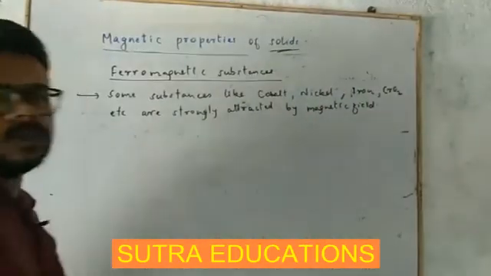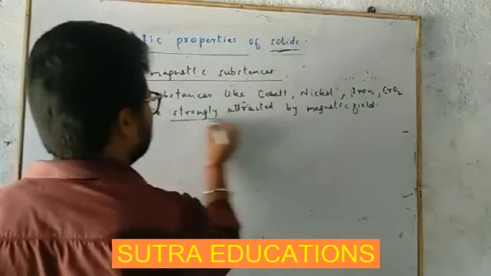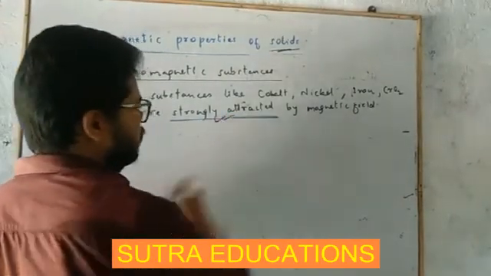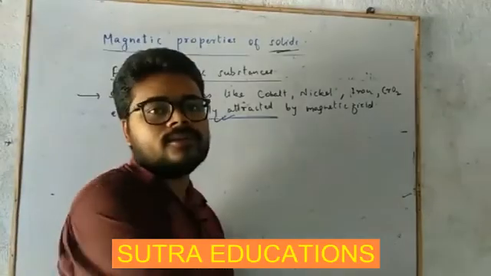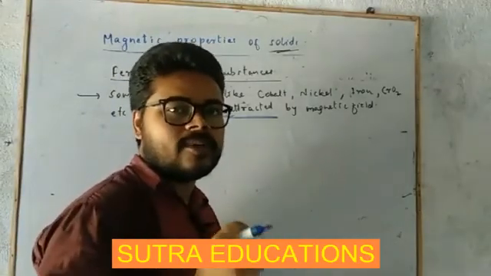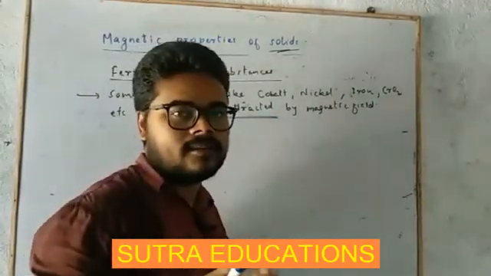Okay, so the term here used is strongly attracted. It is not attracted simply, it is strongly attracted. In case of paramagnetic, I told you these are attracted towards magnetic field, but in case of ferromagnetic we say these are strongly attracted. Got it?